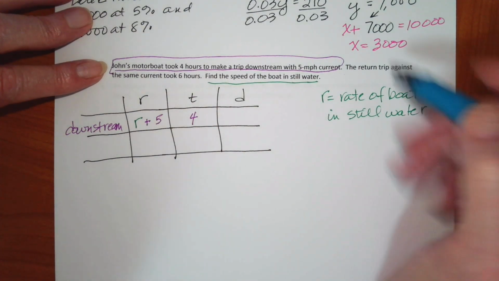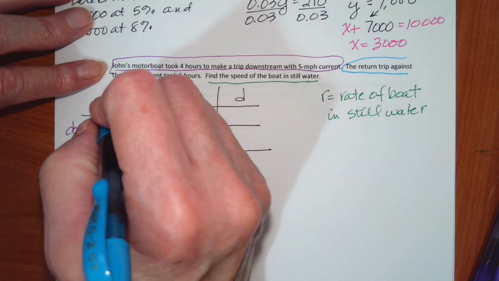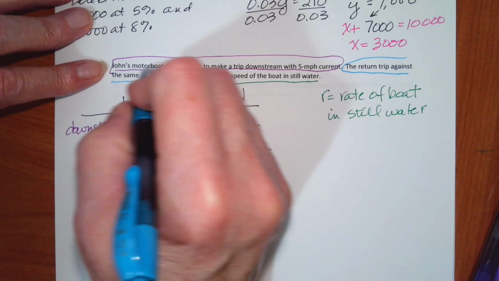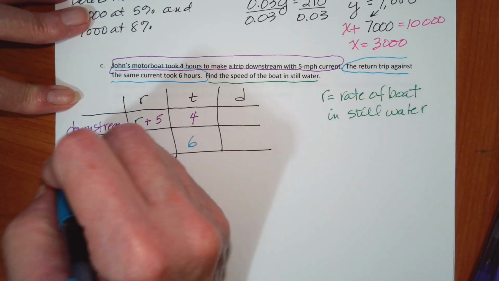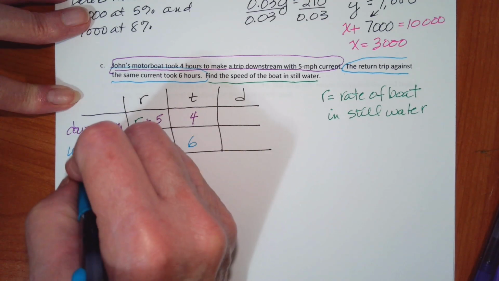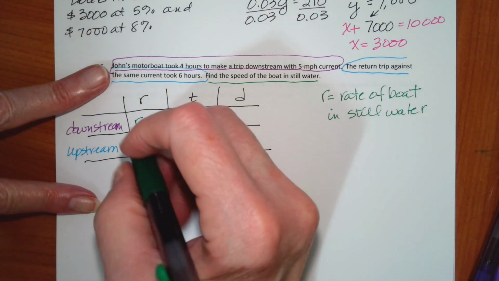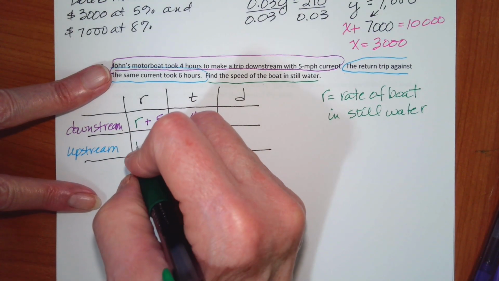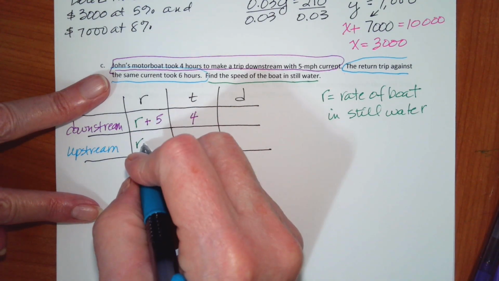Okay, then the return trip against the current took 6 hours. So the time is 6. This is upstream. And he's going against the current, so he's going to take the speed of the boat and subtract 5.